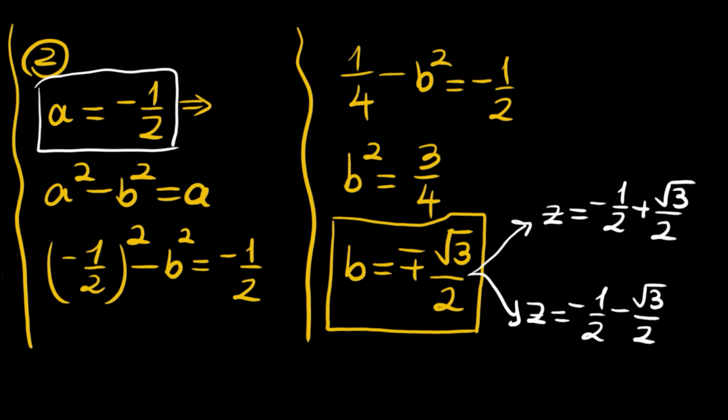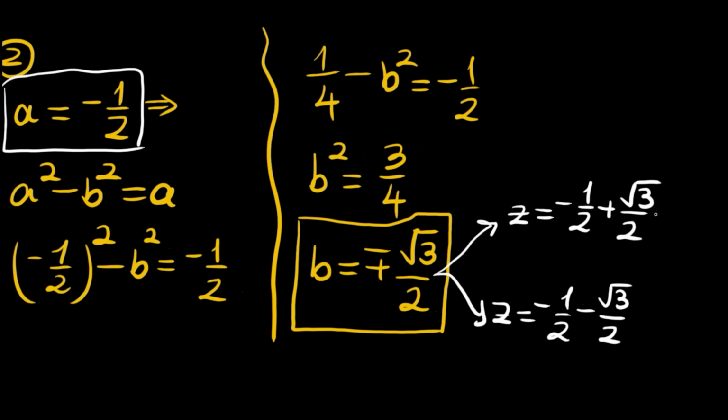That should be some i somewhere. Sorry, this is root 3 divided by 2 times i. Since our z is equal to a plus bi, we have negative 1/2 plus minus square root of 3 divided by 2 times i. Thank you for watching and see you in the next videos.